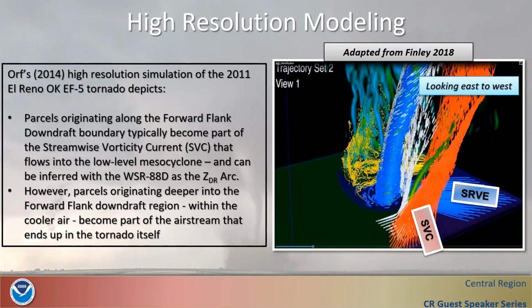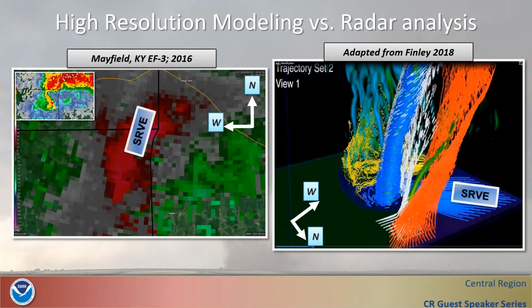So again, this is looking from a northeast or an east to west perspective. If I put up, again, the storm relative velocity image from about 13 minutes prior to tornado genesis from the Mayfield, Kentucky case, we're oriented a little bit differently.